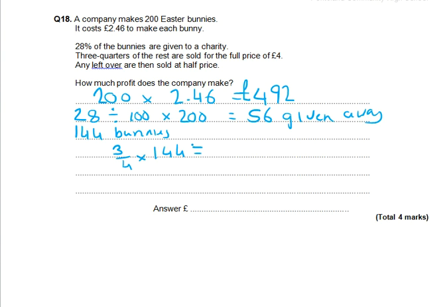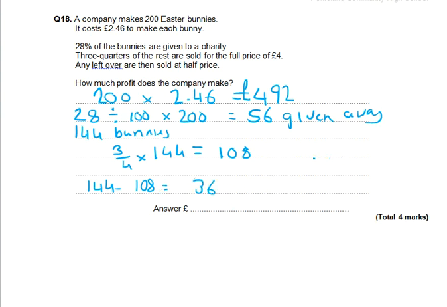Divide by 4 times by 3 makes 108 bunnies. And the leftover at half price, so if we've got 144, take away 108, leaves 36 bunnies.